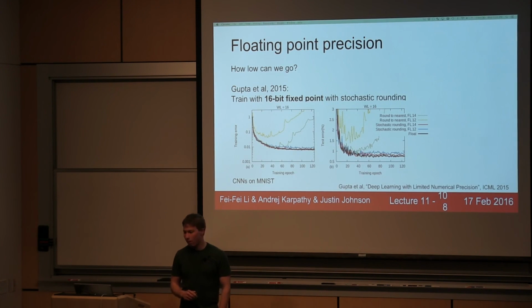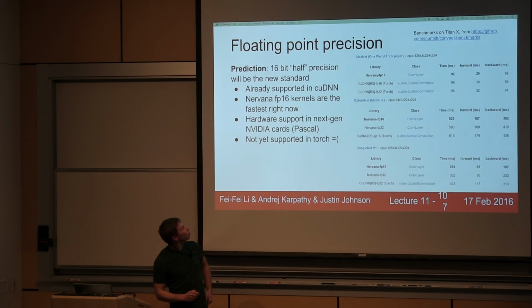So there's this idea of using 16 bits. In addition to 32-bit floating point, there's also a standard for 16-bit floating point, sometimes called half precision. Recent versions of cuDNN do support computing in half precision, which is cool.